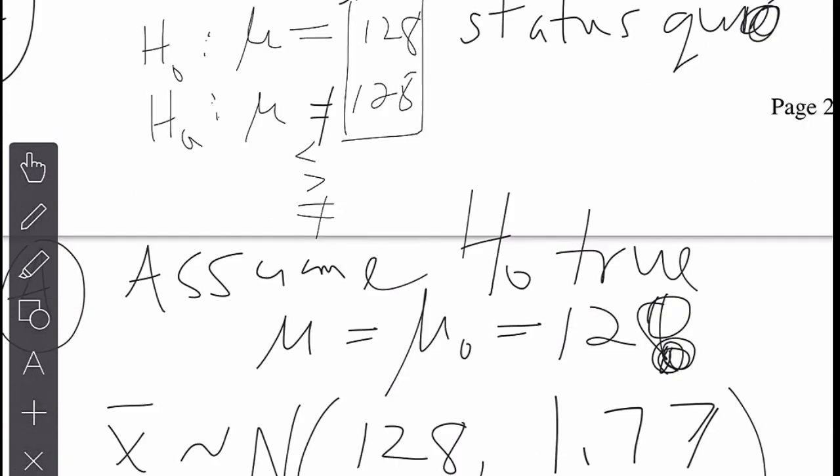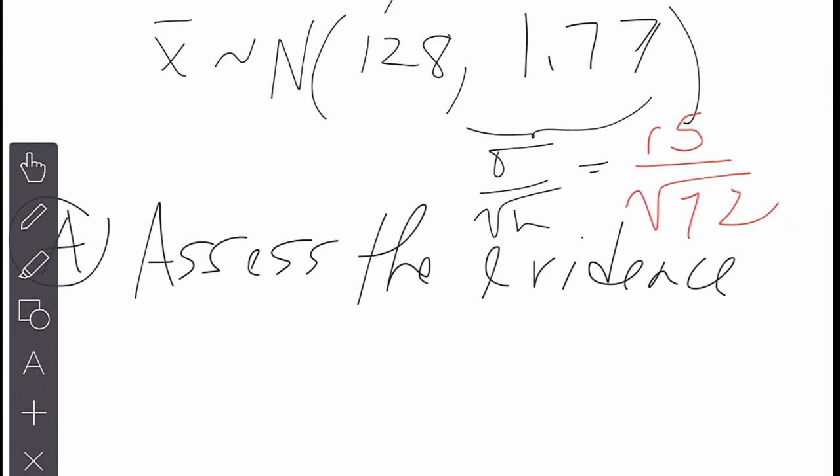So that's my evidence. I'm going to write it down here. I'll put it in red, the sample stuff. So it's 126.07, and the question is, is this different from the hypothesized mean of 128?